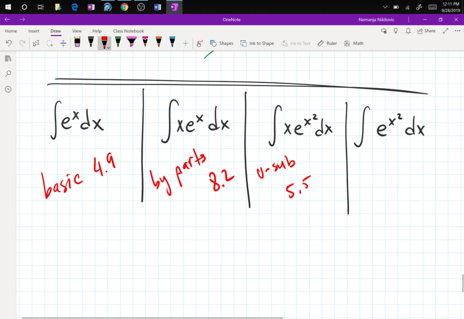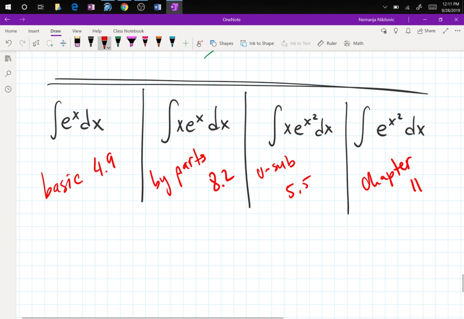So, Calc 2, chapter 11. You can't do e to the x squared? No. So that's going to be chapter 11 in Calc 2, and it's still not going to be the exact answer. We are going to get the approximate answer to that. That function cannot be integrated.